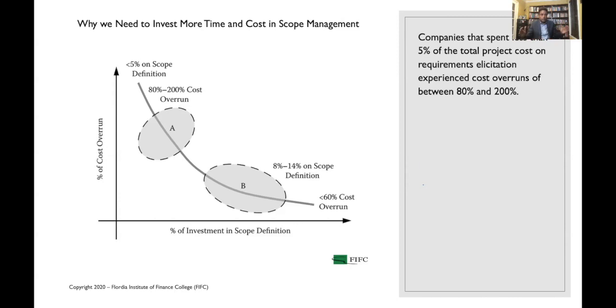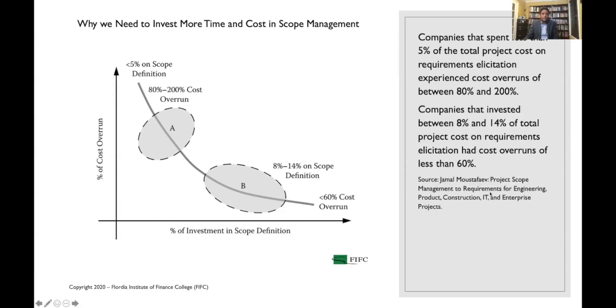It's a huge gap. That means that if you spend a little more, you're going to avoid cost overrun, because the majority of cost overrun comes from lack of proper requirements and scope definition.